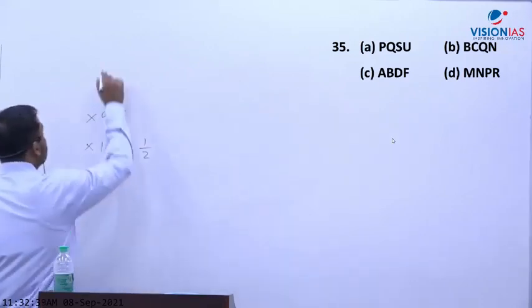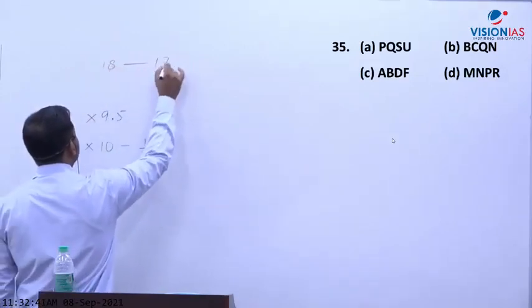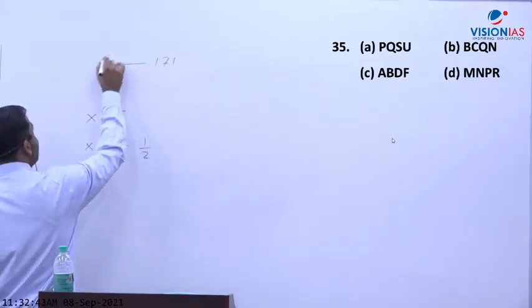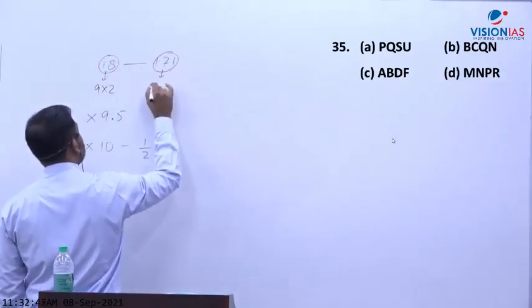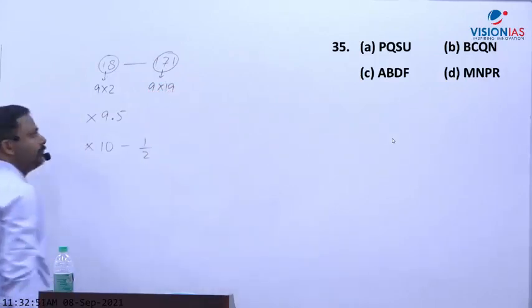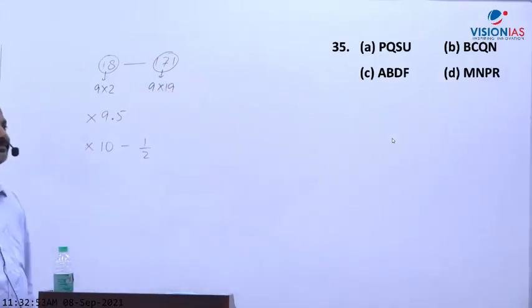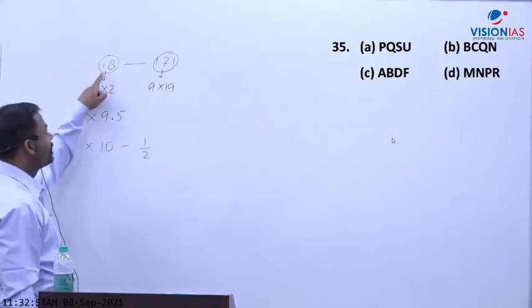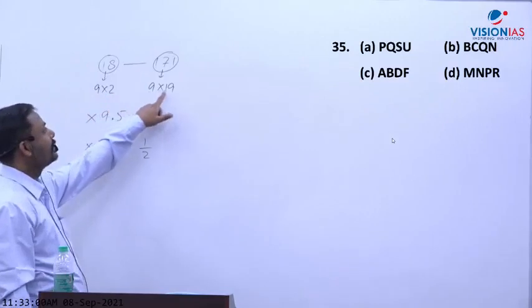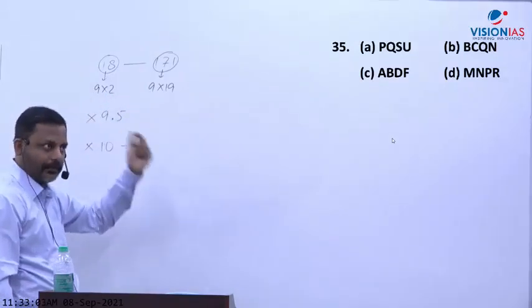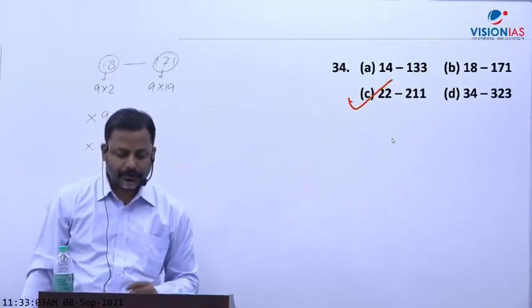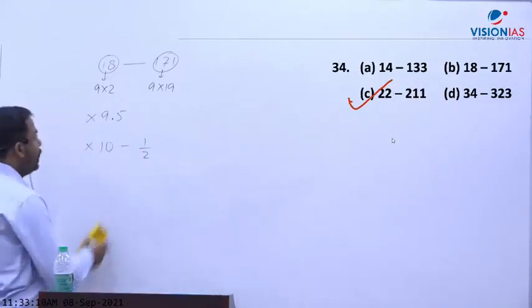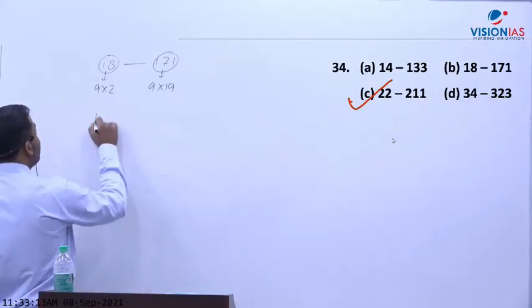Or you can say that this number is 9 multiplied by 2 and this number is 9 multiplied by 19. You can apply this logic with the rest of the options also, like 14 and 133.